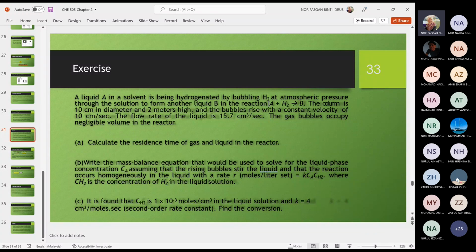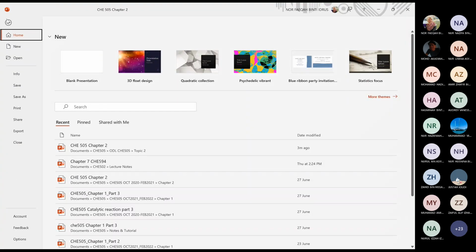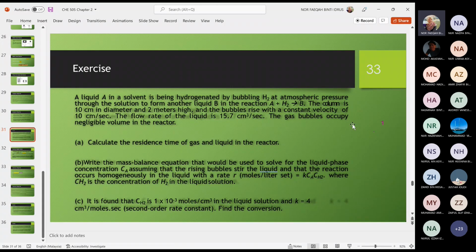Okay, so actually this question is the easiest question. Why do I say it is easy? Because the question is to calculate the residence times of gas and liquid in the reactor. This should be no problem.